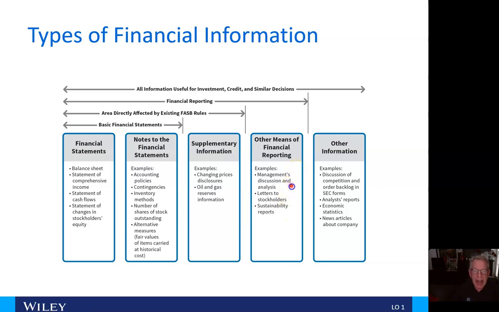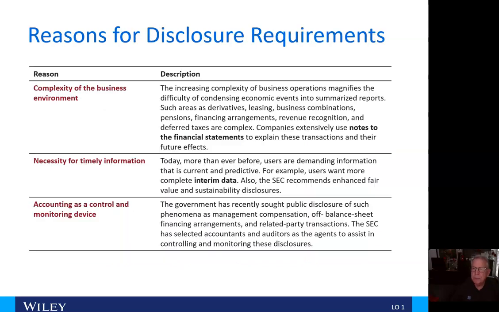The MD&A, management discussion and analysis, letters to stockholders, and sustainability reports. And lastly, other information could include a discussion of the competition and order backlog in SEC forms, analysts' reports, economic statistics, and news articles about the company. So that's a variety of different types of financial information.